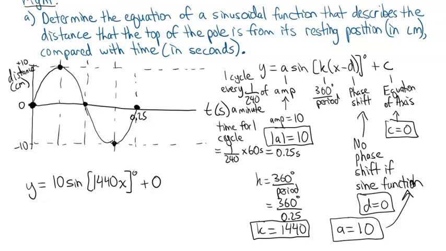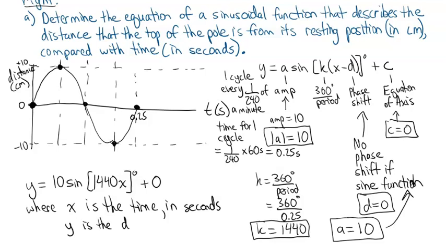But that is the equation where x is the time in seconds, and y is the distance from the rest position in centimeters. There you go. That's how you put that first part together.